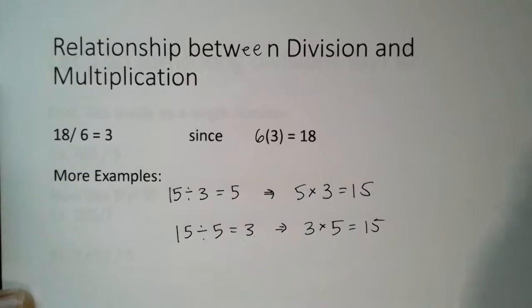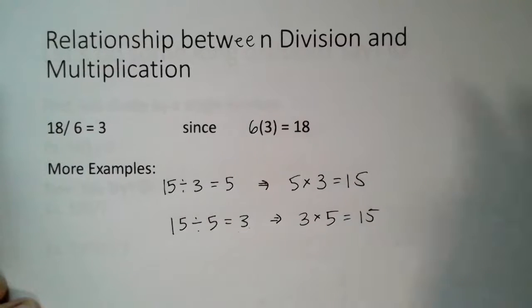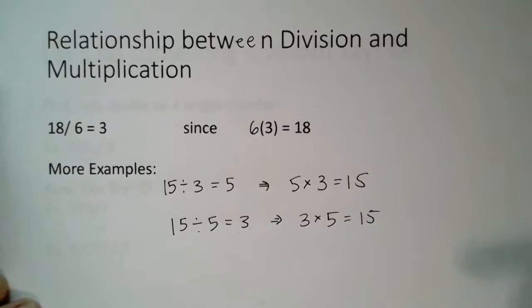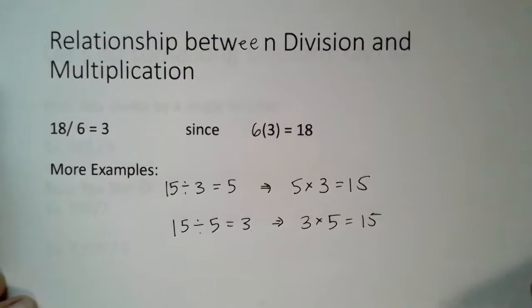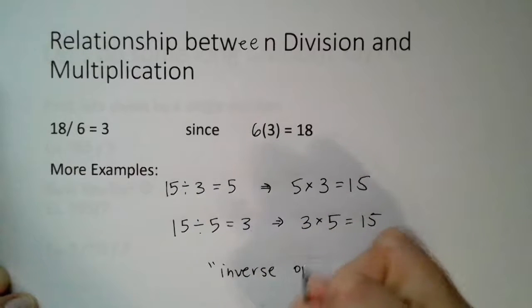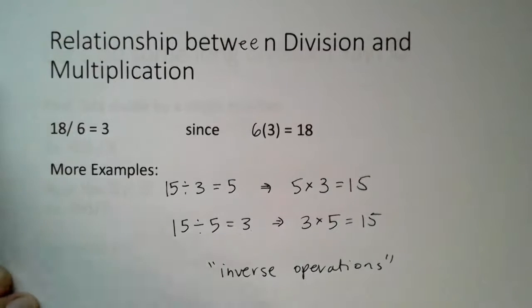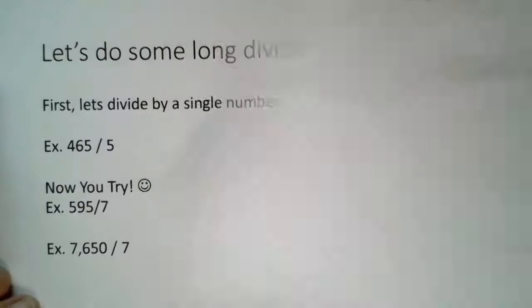Maybe you can try a couple on your own, make up some, and notice that there's this relationship between division and multiplication. In other words, they're inverses of each other. We say they're called inverse operations, just like how addition and subtraction are inverse operations of each other. They undo each other, right?